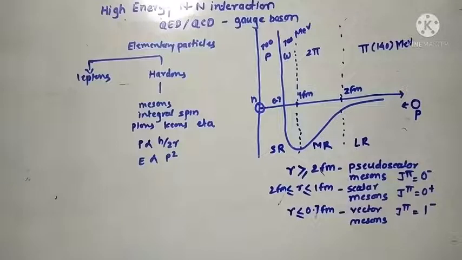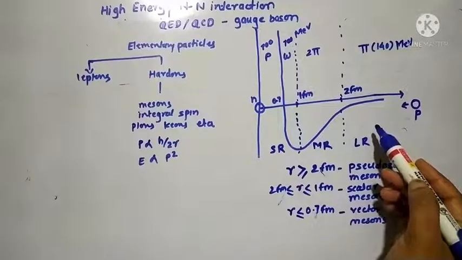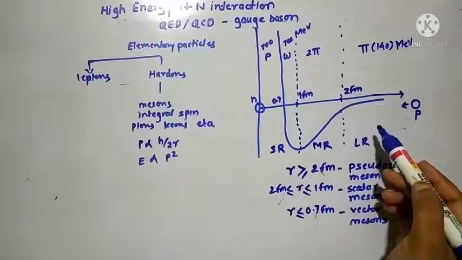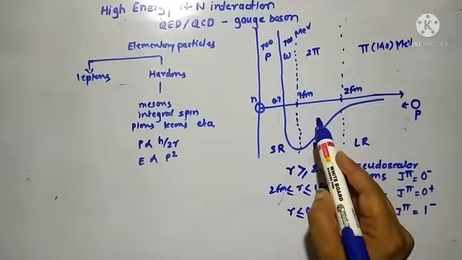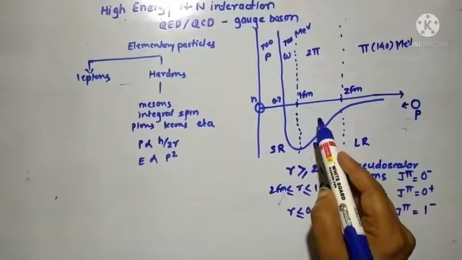Thus we can say that the pion is the only meson contributing to the long range interaction. At shorter relative distances, more and more mesons, or mesons with heavier mass, will contribute to the interaction.